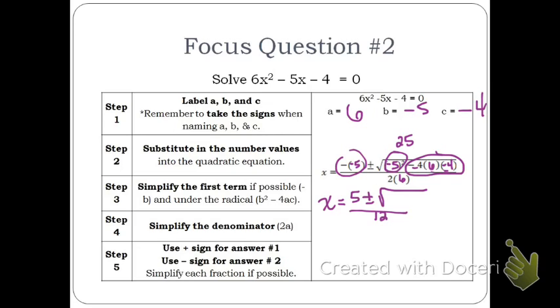There's two negatives, so we know our answer has to be positive. 4 times 6 is 24. Take that 24 though and multiply it by negative 4. Sorry about that, I ran out of room again.